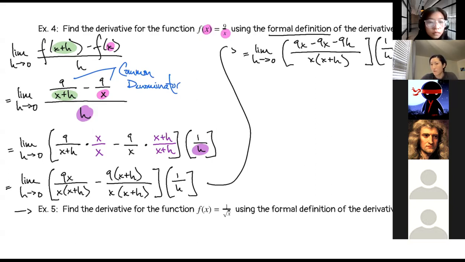So let me pause here for a moment in case you're writing away, and let's just make sure we've distributed correctly. Let's see if there are any questions about where signs came from or how things got to be a single fraction. So this minus sign between the 9x and the 9h, are we all okay where that came from?